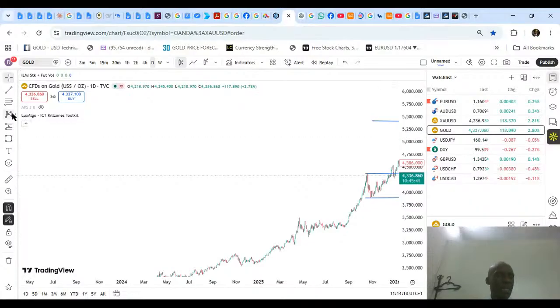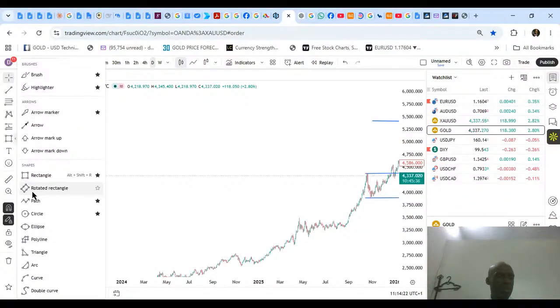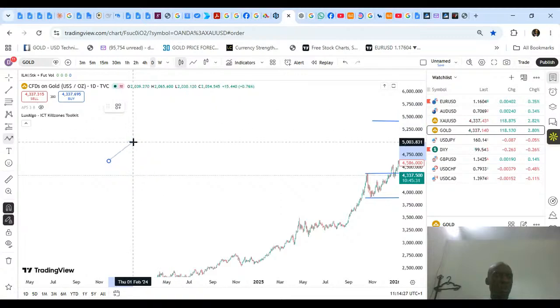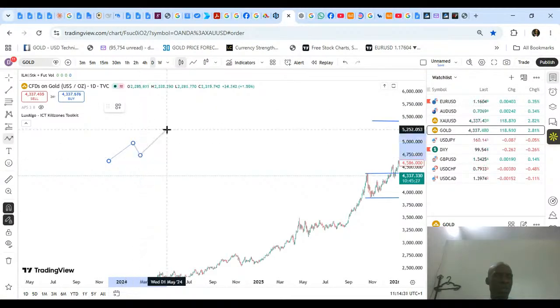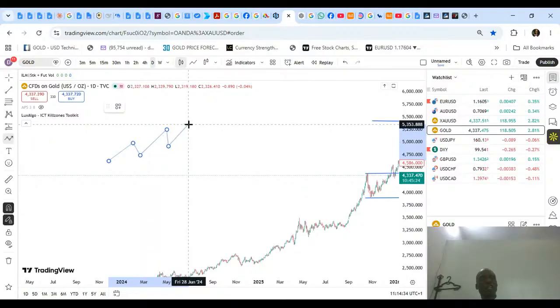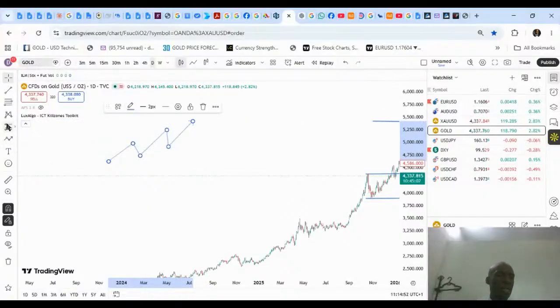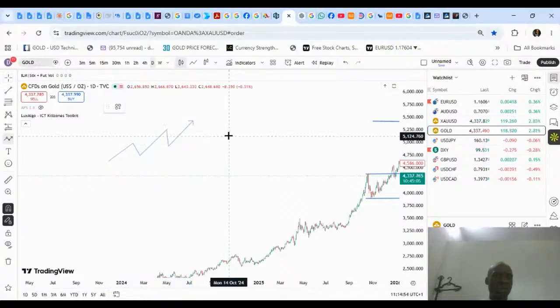The market is either trending or going sideways. So with the smart money concept, we want a trending market that is either in an uptrend or in a downtrend.